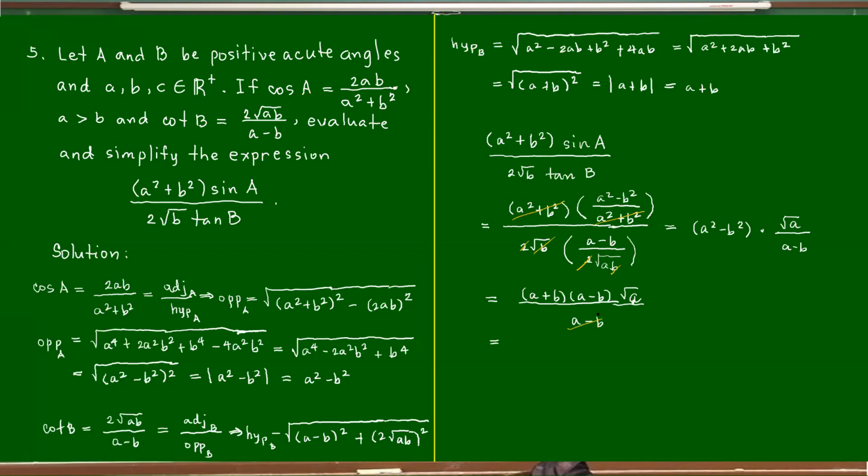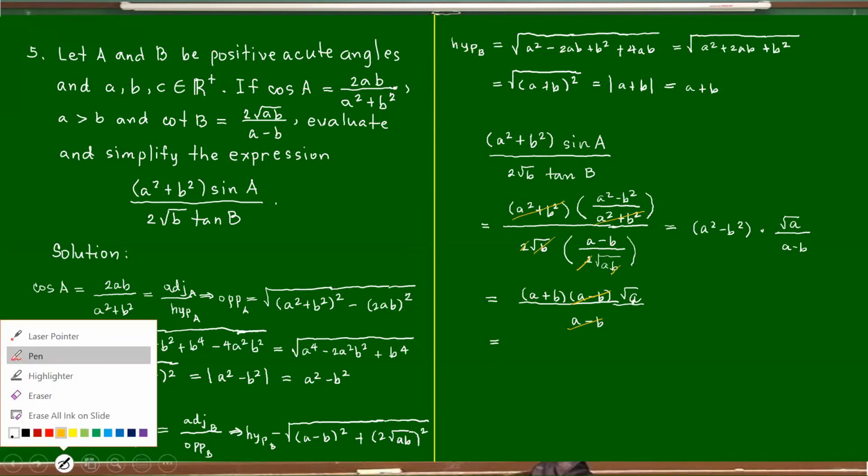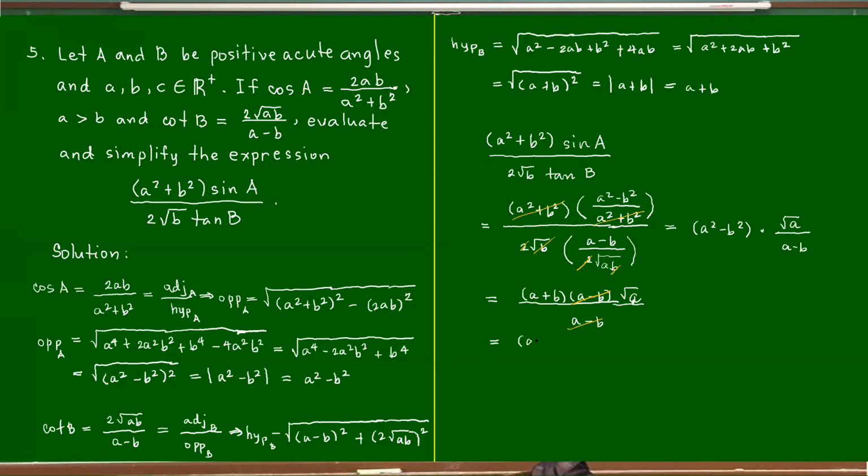A minus B cancels. So we are left with A plus B times square root of A. So that's it. That's the value of the expression. Get it, guys?